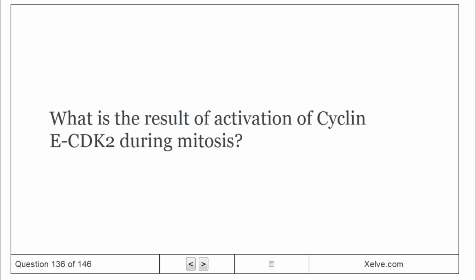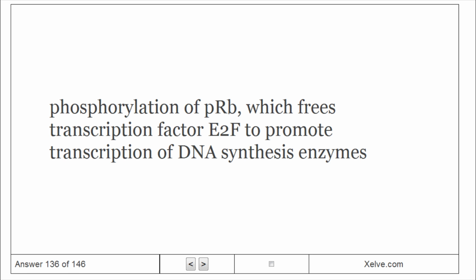What is the result of activation of cyclin E-CDK2? Phosphorylation of pRB, which frees transcription factor E2F to promote transcription of DNA synthesis enzymes.